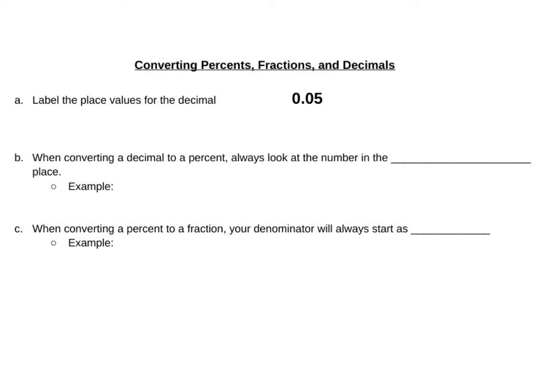So the first thing I want you to do is look at this decimal right here, 0.05, and label your place values. First we have our ones place, and then our tenths place, and our hundredths place.